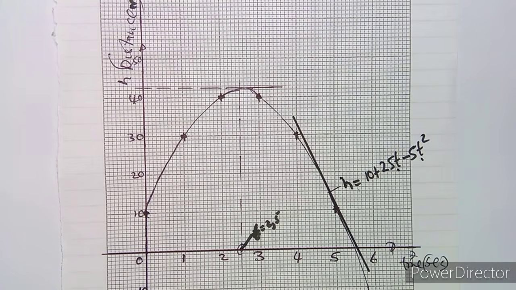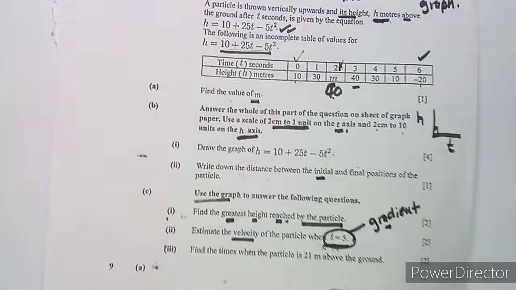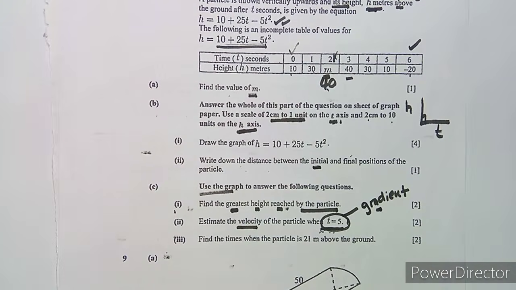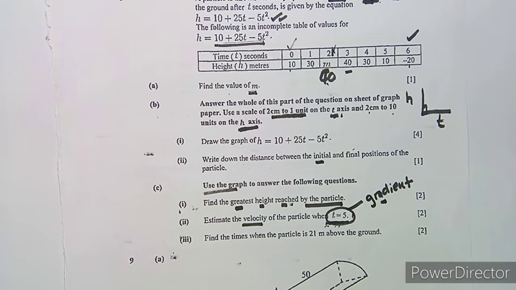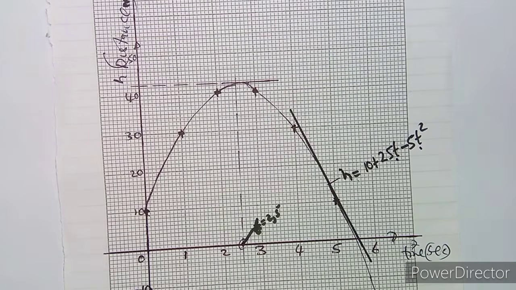It depends on your graph, because this is an estimation. You are not finding the exact thing, you are estimating, because it's from your graph that you have drawn. So you're going to take two possible values, then you calculate your gradient. That will be your velocity.